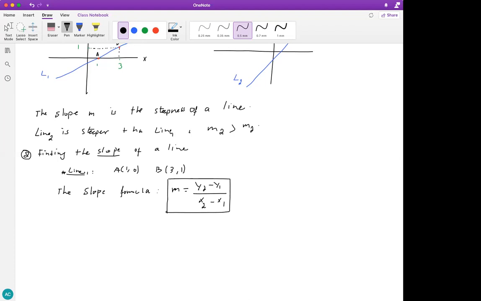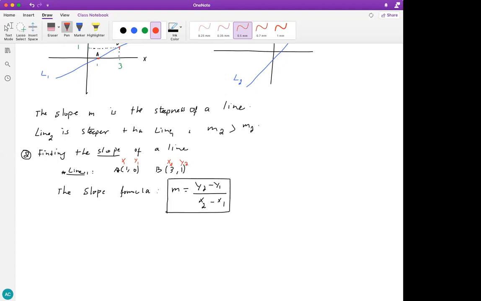So to measure the slope of any line, you need these values, and these values basically come from here. So we need 2 points, and this is where you get these 4 values from. So A is x1, y1. Okay, that's the first point. Then you label the other point, call it x2, y2.